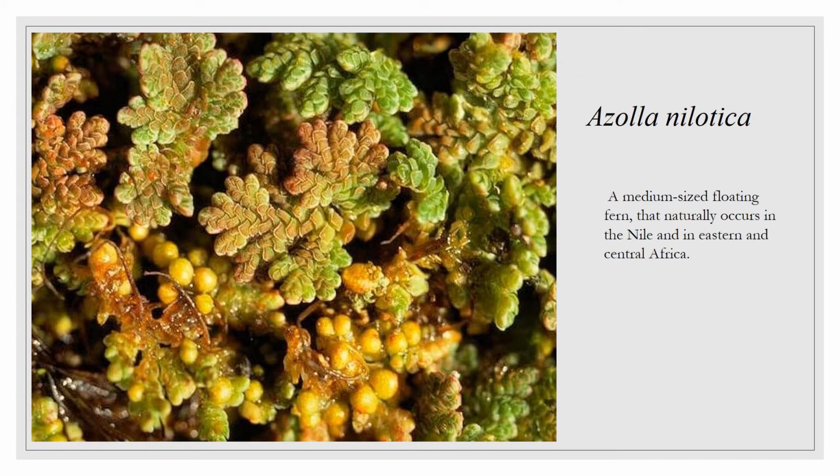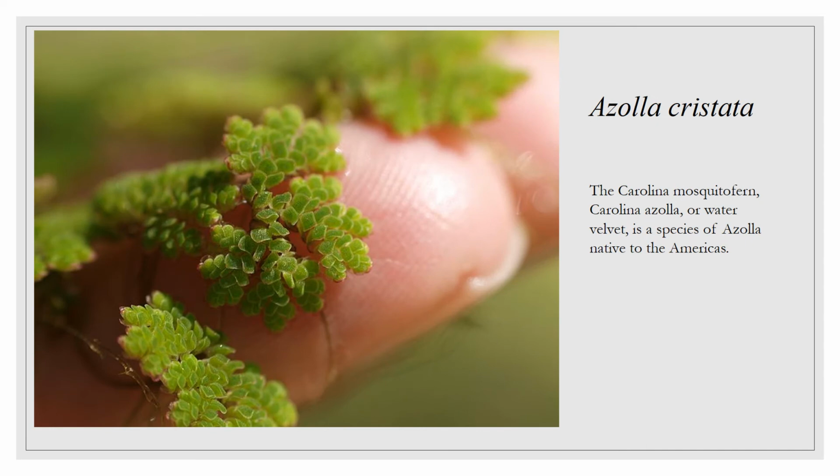Next is Azolla nilotica. It is a medium-sized floating fern that naturally occurs in the Nile and in eastern and central Africa. Next species is Azolla cristata. The Carolina mosquito fern, Carolina azolla or water velvet, is a species of Azolla native to the Americas.